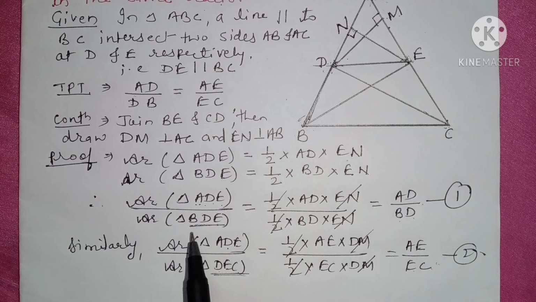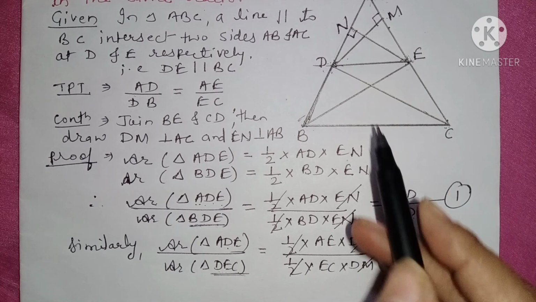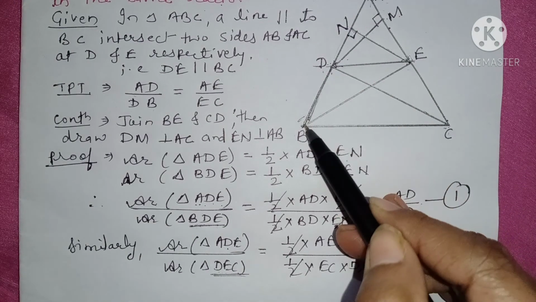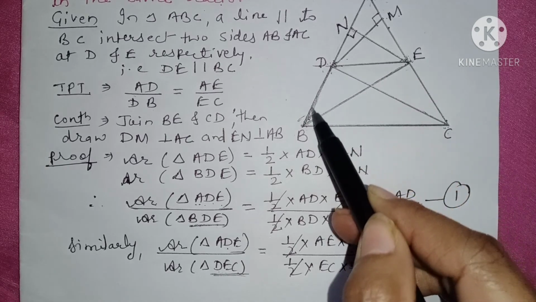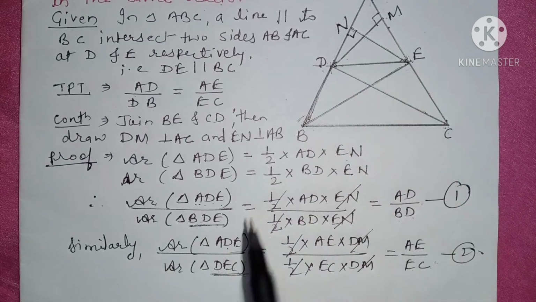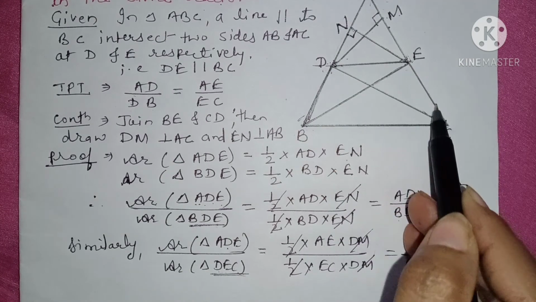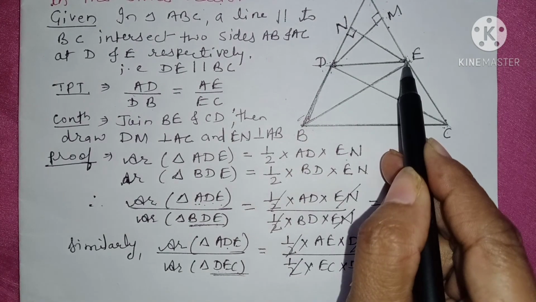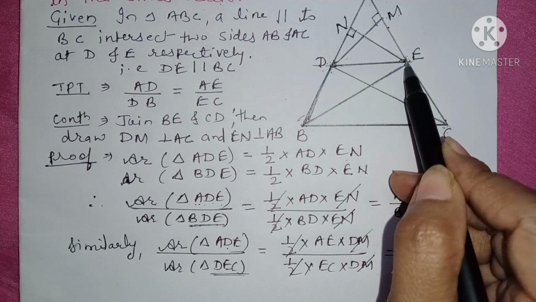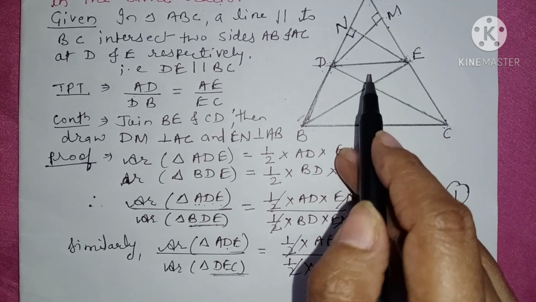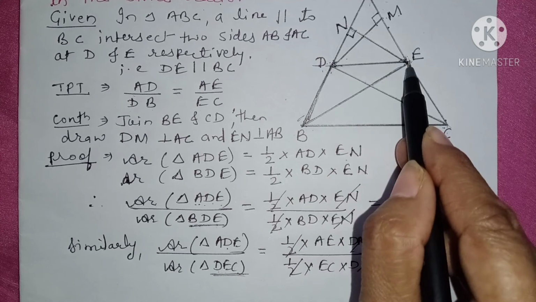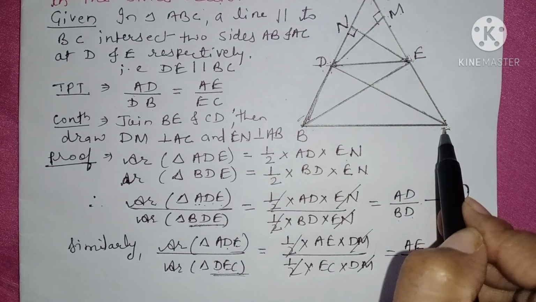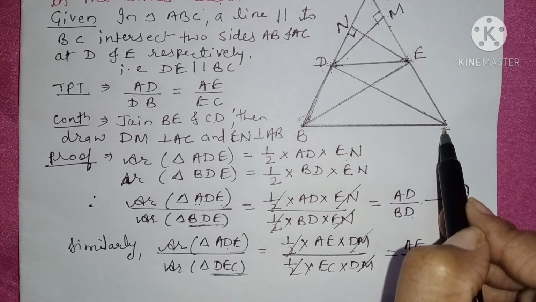Look at this figure, triangle BDE, and the other triangle is DEC. Do they lie on the same base DE? Yes. Just try to remember that in 9th standard you learned that triangles on the same base and between the same parallels are equal in area. You have read this theorem in 9th standard.